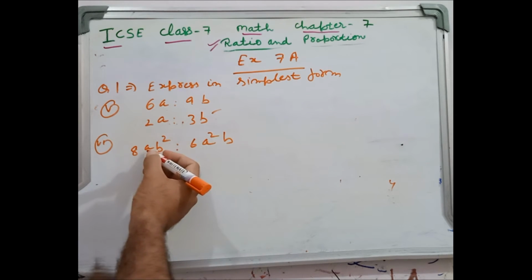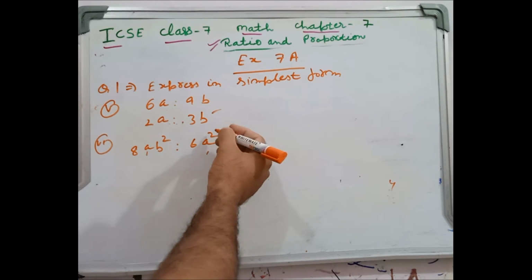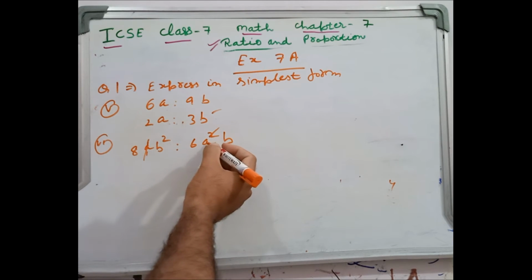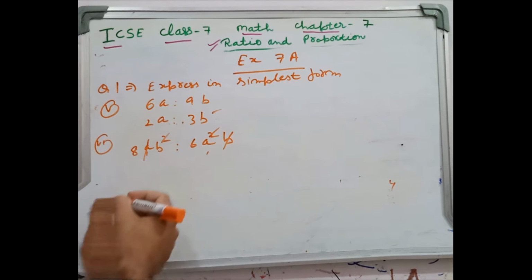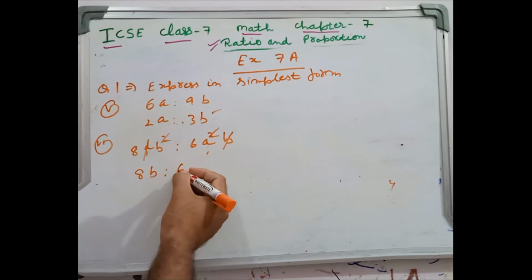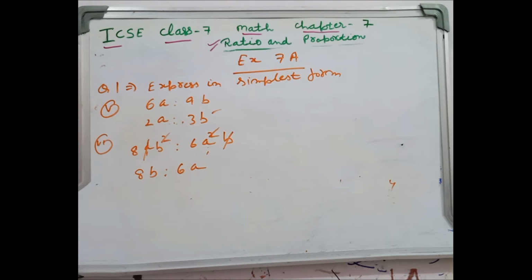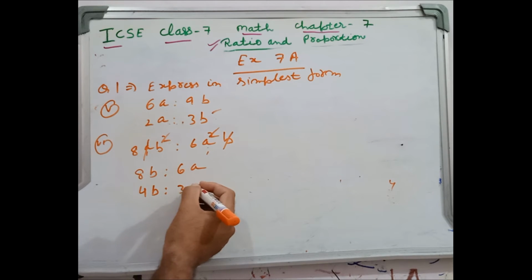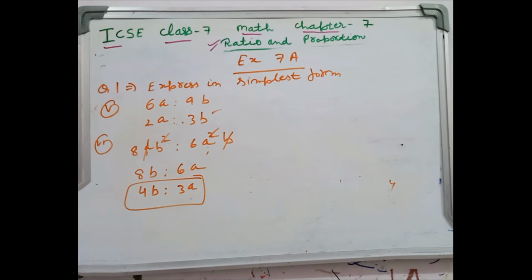This is only a single a, this is a square. So we will cut this square with a, only one a will remain. Here we will cut this b square, so what remains? 8b ratio 6a. Now both are going on the table of 2: 2 4s are 8, and 2 3s are 6. So this is our required answer. No need to panic.